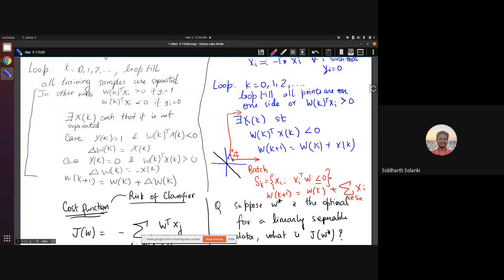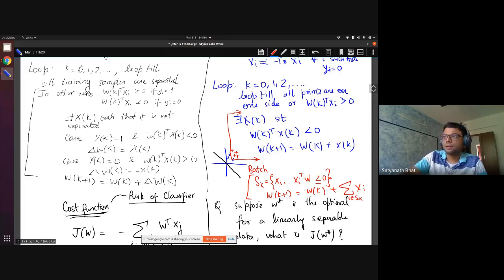Yes, sir. So this method can only be applied to the modified perceptron? That was my question. In the other algorithm, you can have it as two steps. SK1 is all the Xi such that Yi is equal to 1 and Xi transpose W is less than 0.